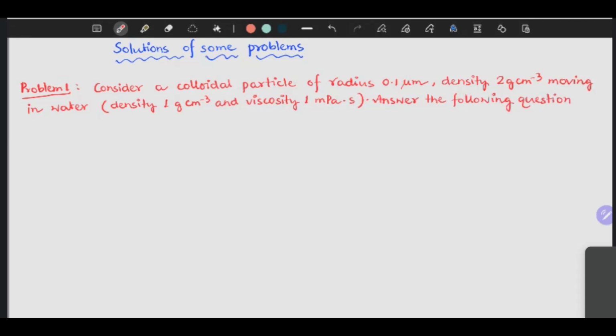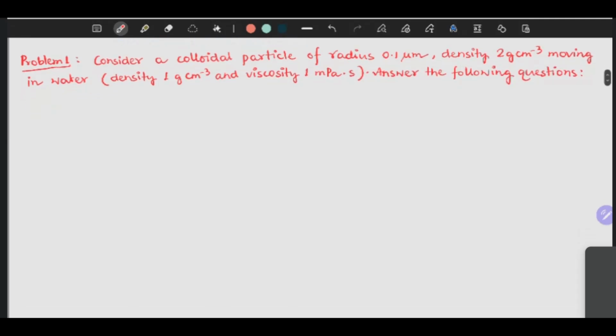Question 1 is: calculate the sedimentation velocity, Vs, of the particle.